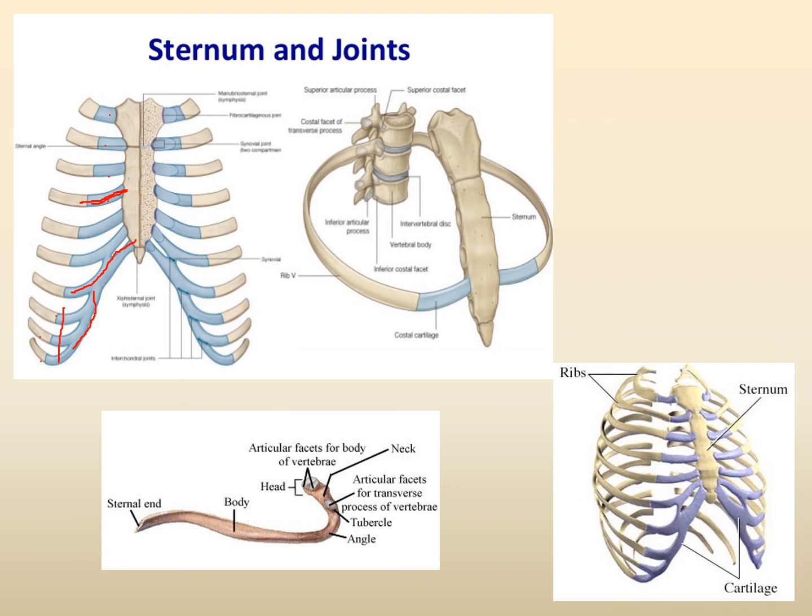And so that's why 8, 9, and 10 are false ribs. And if you can see on this diagram down here, you can see ribs 11 and 12 back here. As I said, everything attaches to the vertebral column in the back, but they do not attach to the sternum in the front.